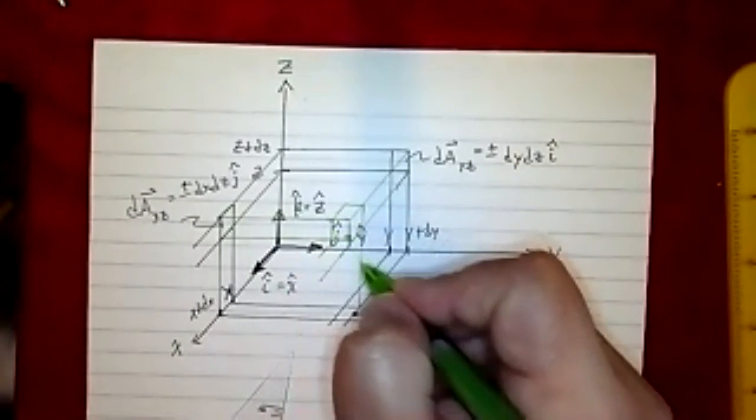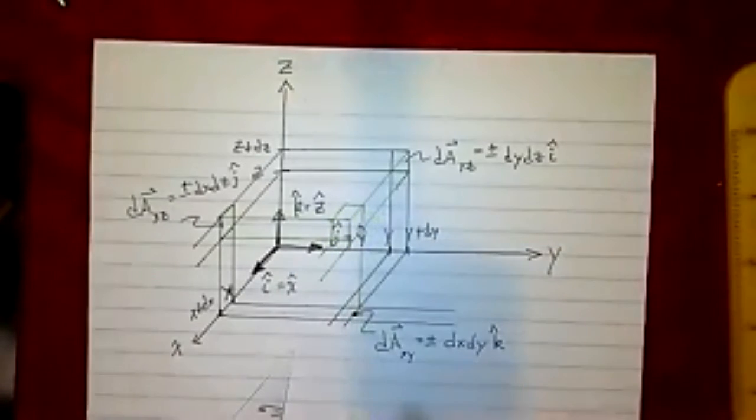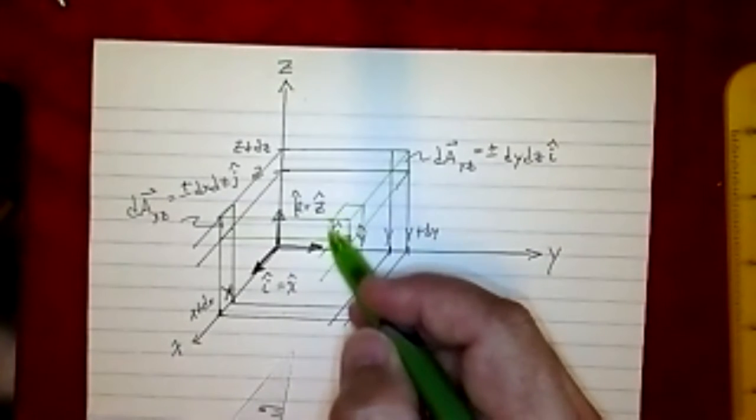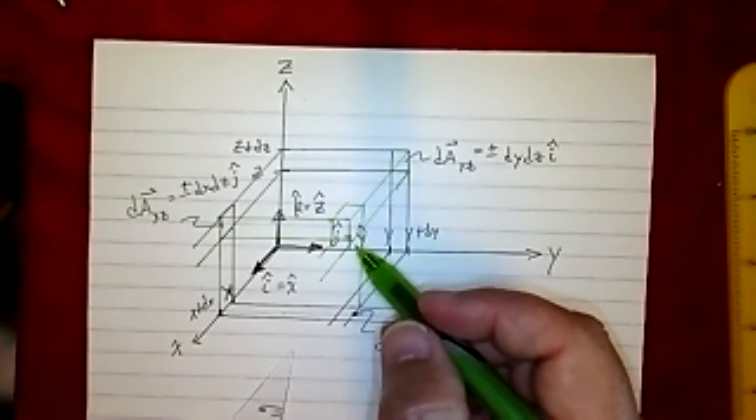And you see finally I get a little rectangular solid up here whose dimensions are dz, dy, and dx.